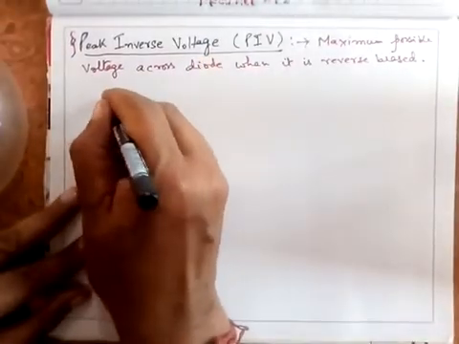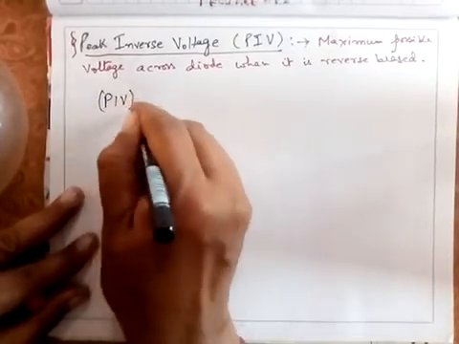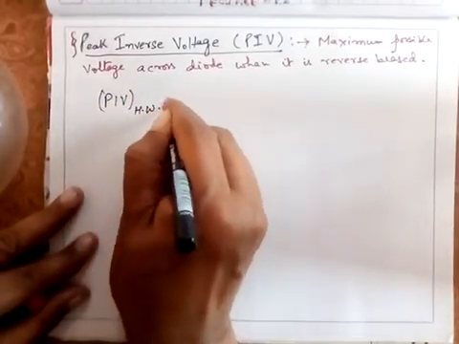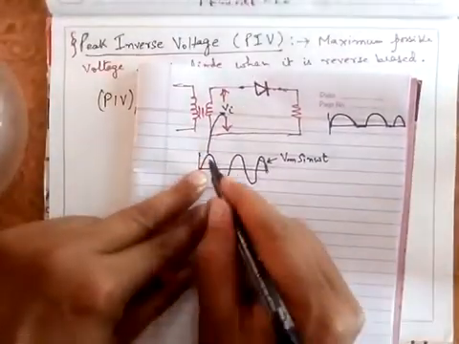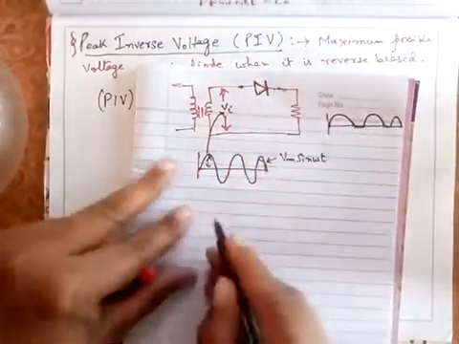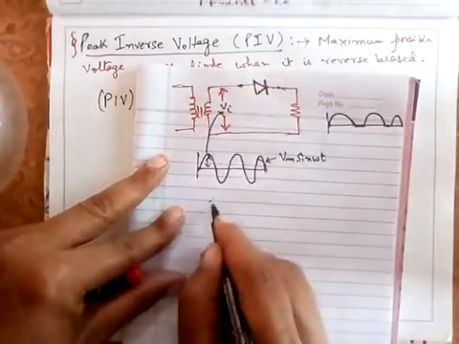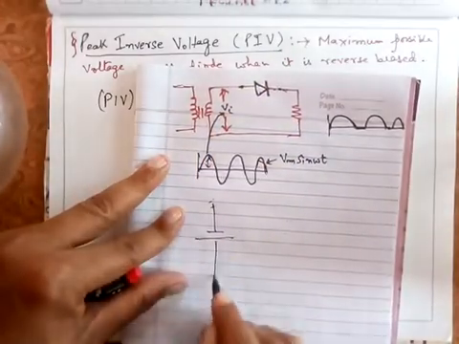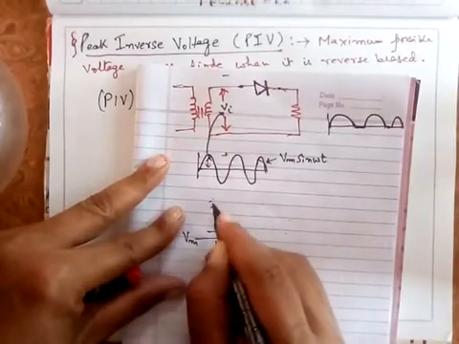I'll find the peak inverse voltage of a half wave rectifier. Look at this. Peak inverse voltage means the maximum voltage, which is Vm. When this diode is reverse biased, this end is negative and this end is positive, and the maximum voltage here is Vm.